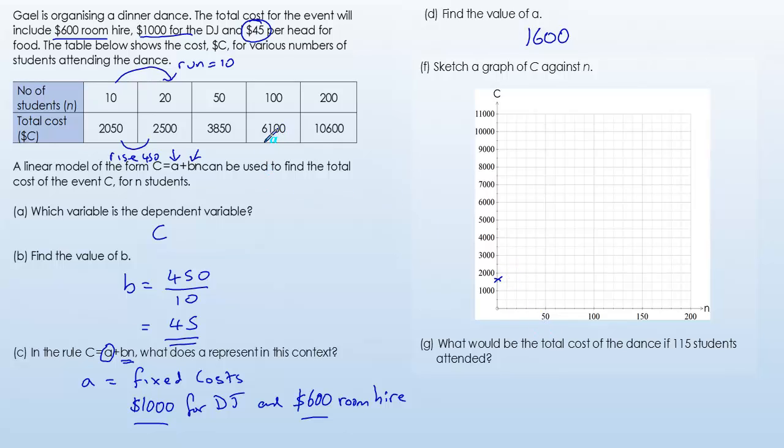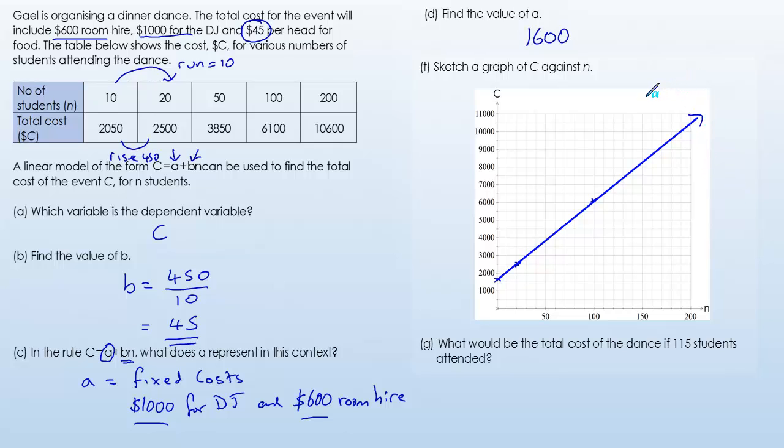And another one that's quite nice to plot is the 2,500. They're not really far apart, those two, so I might just have a little go at the 100, 6,100, which would be about there. Let's see if we can get a line that goes through those. And there we go. We don't need an arrow on this end because we can't have negative n.